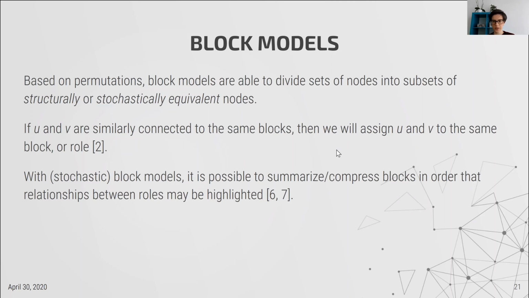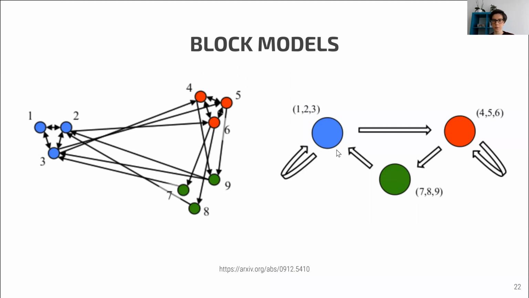Some of you may say that block models seem more related to the concept of community. But I have an example here which is really nice, because as you can see in the graph with nodes 1 to 9, there are three groups: red, green, and blue.